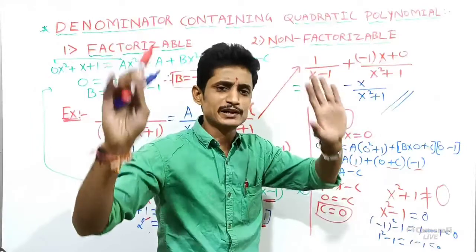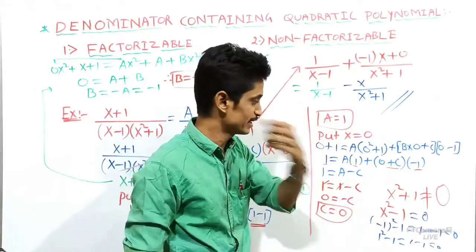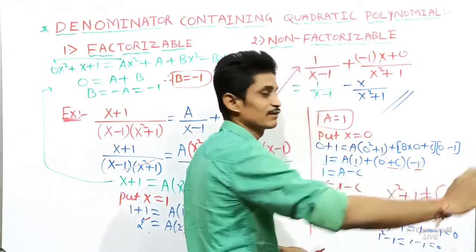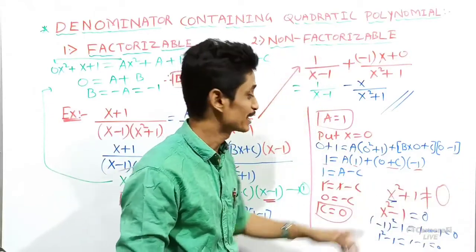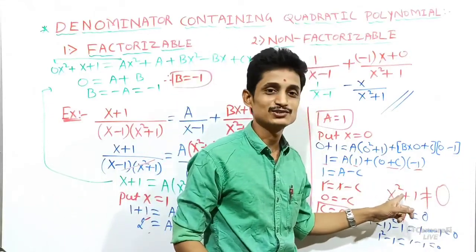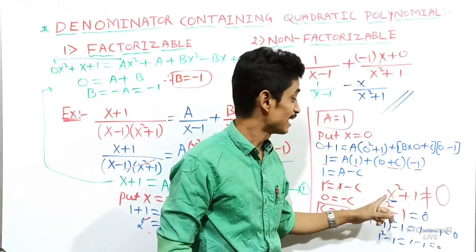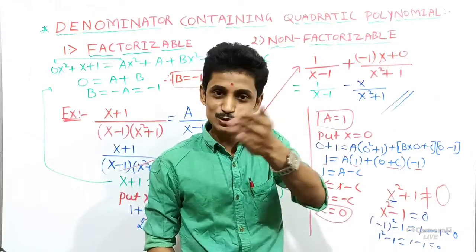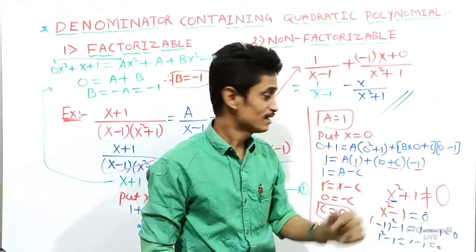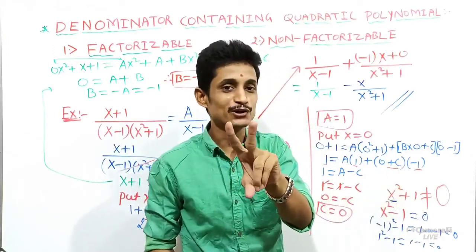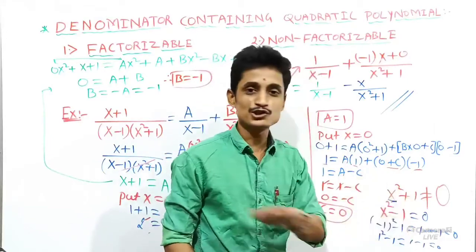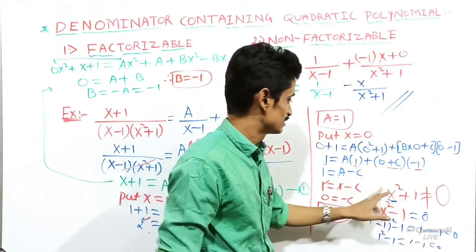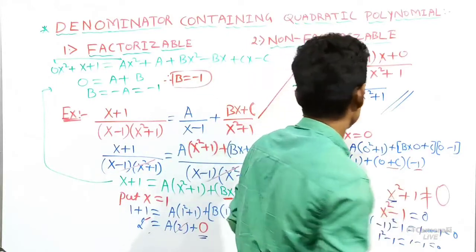Any number you take from the real numbers and substitute here, your answer will never be 0, because x square is a square function. Always it will give a positive quantity. From school time onwards we know that the sum of two positive quantities can never be 0. That's why there is no real solution.